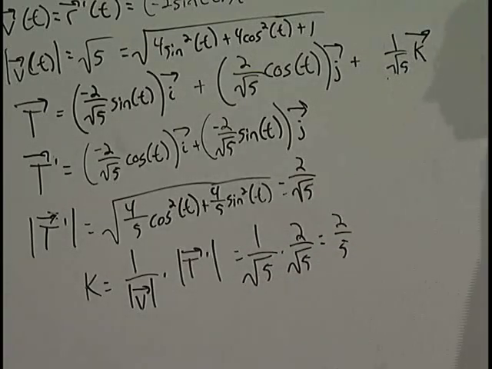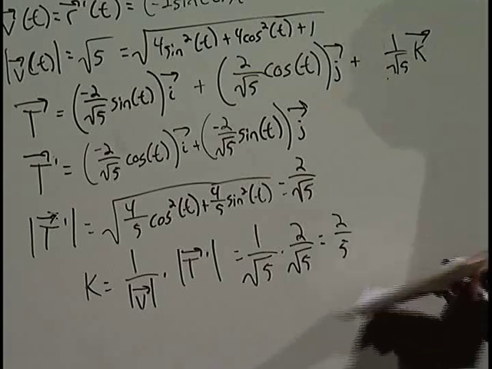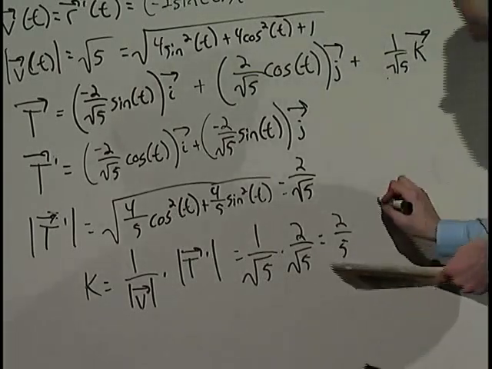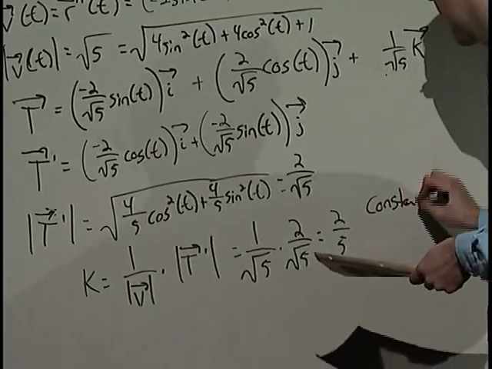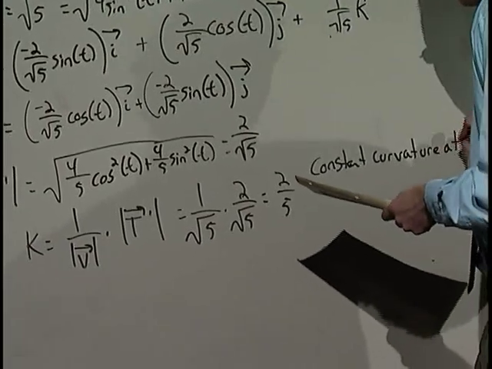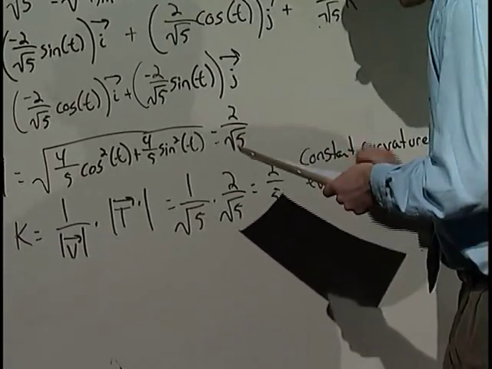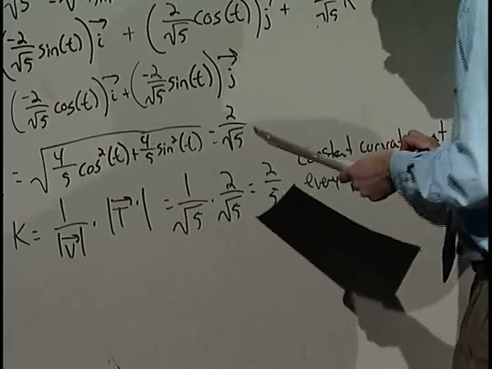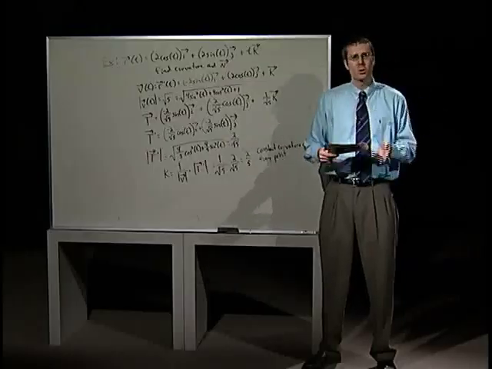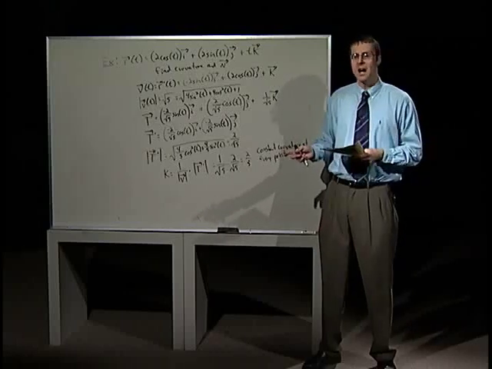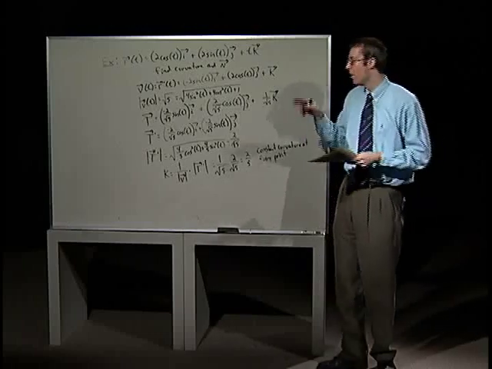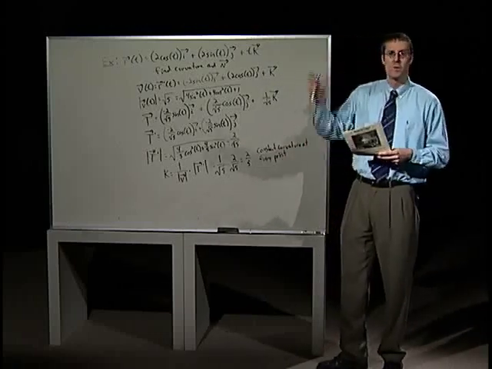So what does this tell us? There's constant curvature at every point of this helix. Why would that be true? Think about it. A helix in the xy plane has circular cross sections, so you're constantly turning the same amount. You're moving in a circular pattern, turning always at the same rate to move around the circle.